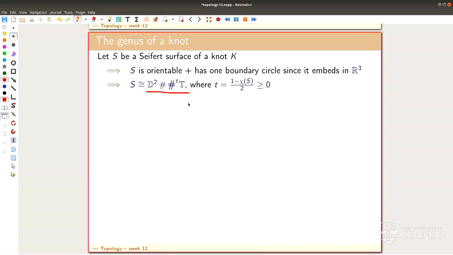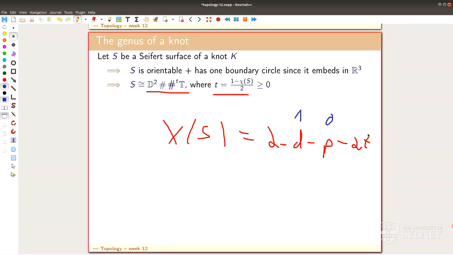If you do the calculation from the Euler characteristic, remember that the Euler characteristic is 2 minus d minus p minus 2t. Well, d is already 1, p is 0. You just solve for t, and you get this expression in the Euler characteristic: 1 minus the Euler characteristic, divided by 2, some number bigger than 0.